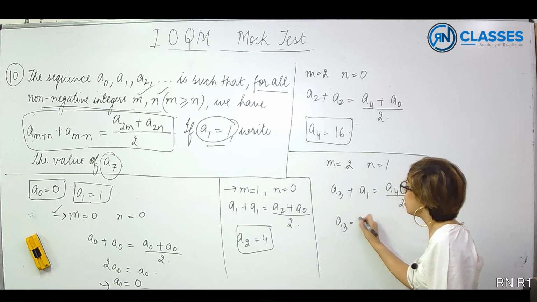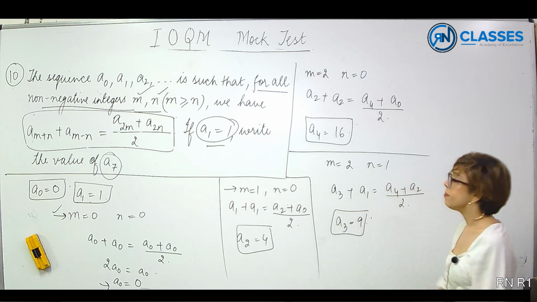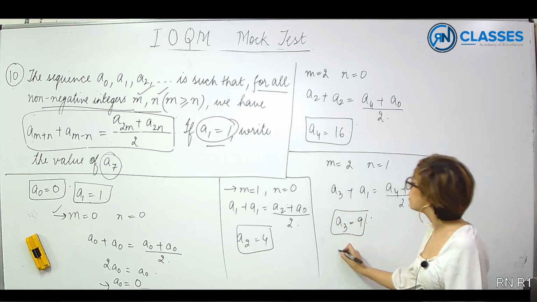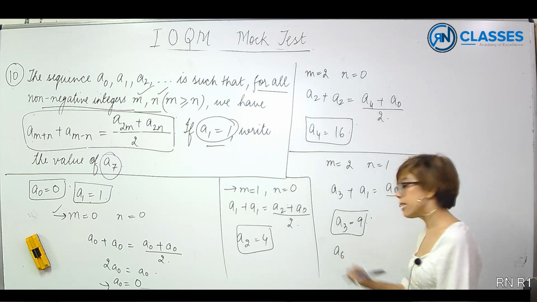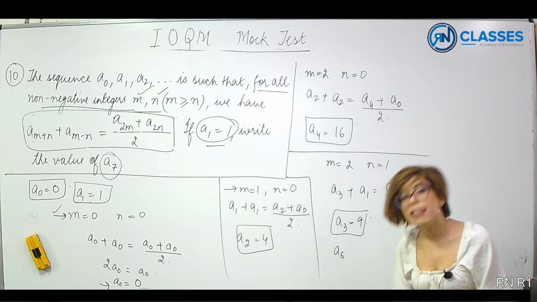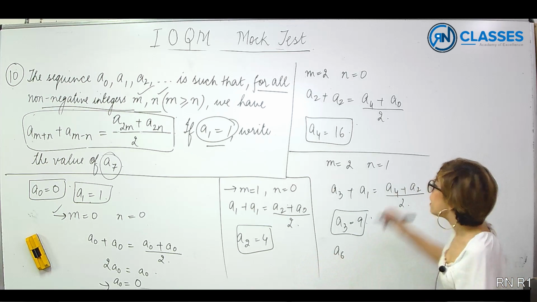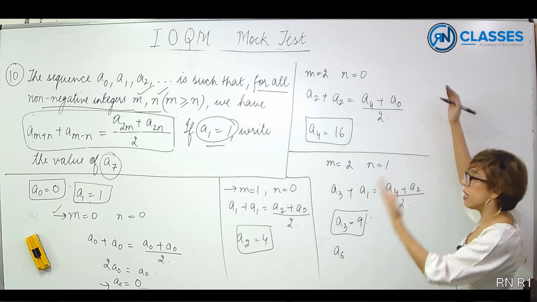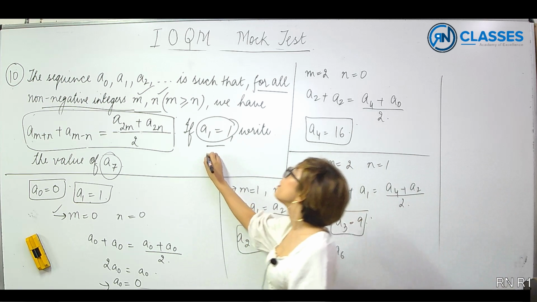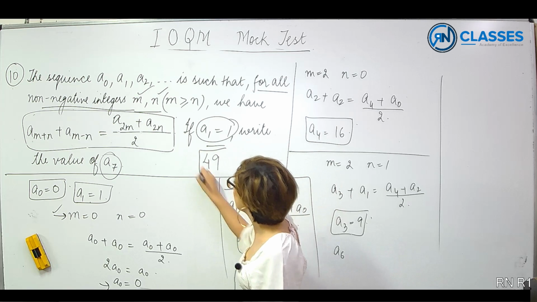Now I know A3, A4. Instead of finding A5 first, I'll find A6. Then I'll find A5. Then I'll find A8. Then I'll find A7. Using these things again and again, I will get my A7, which will turn out to be 49.